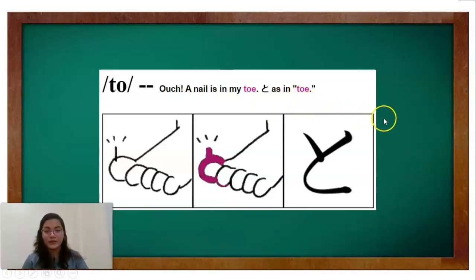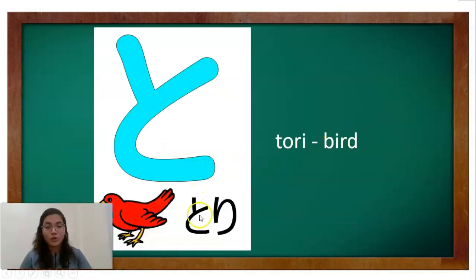Okay? So here's an example word that starts with to. Tori. Tori means bird. Okay, and that's the end of our T row.